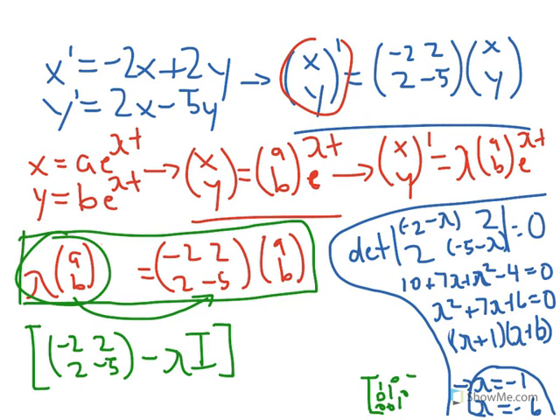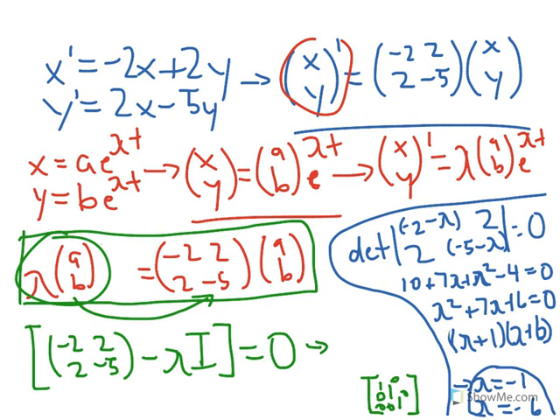This is an ugly identity matrix, but you get the idea. Now we can set this equal to 0. And what we get from this would be equivalent to our other method. This is simply a different way of thinking about it.